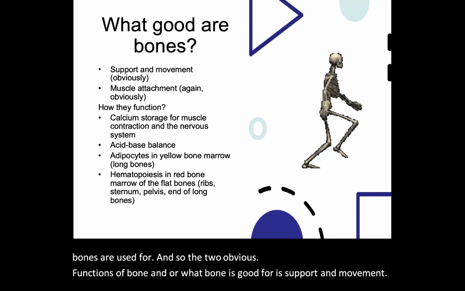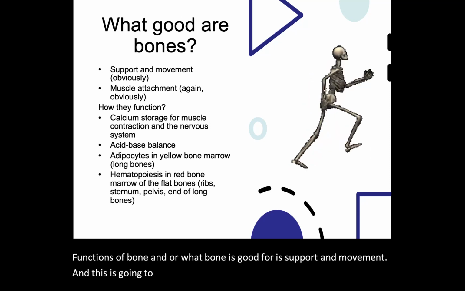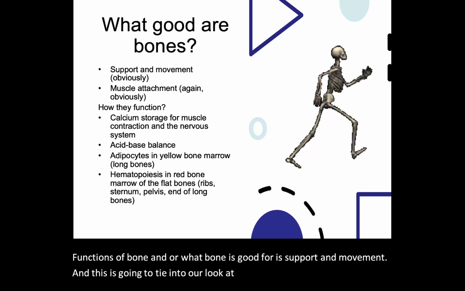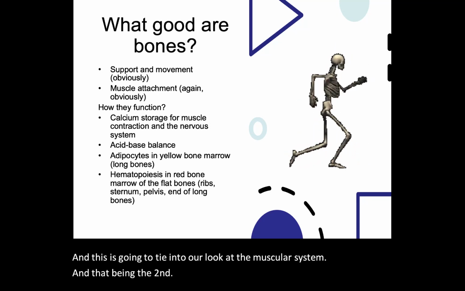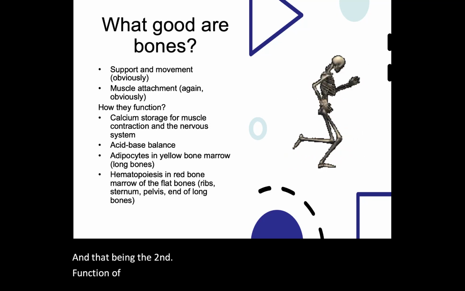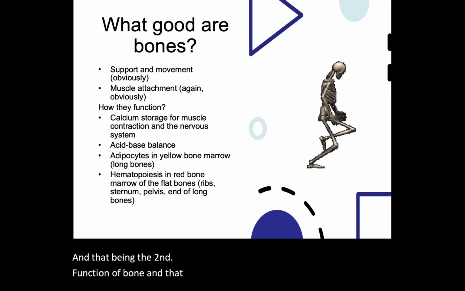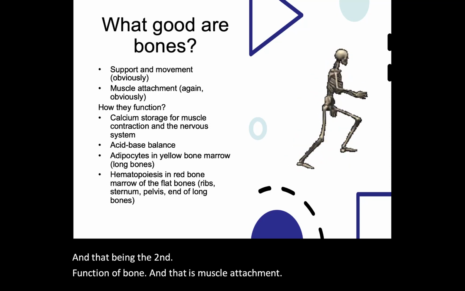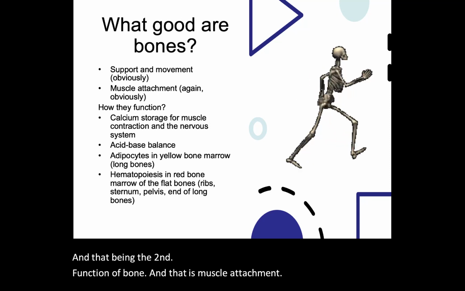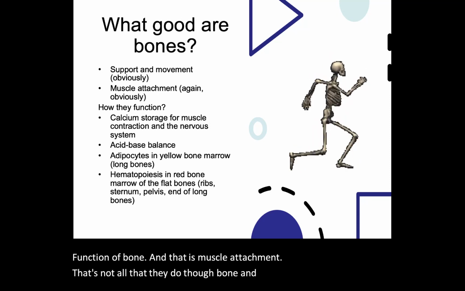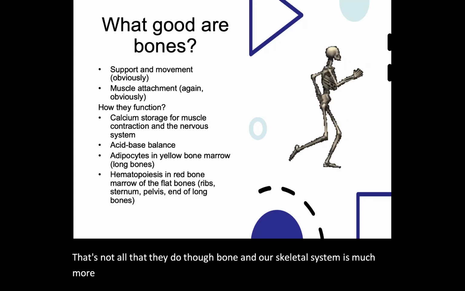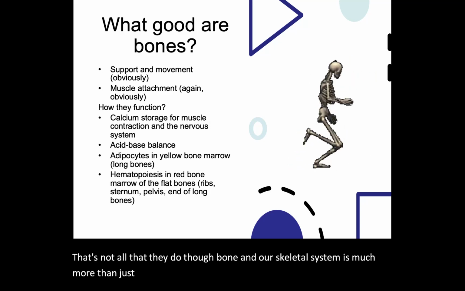And this is going to tie into our look at the muscular system, and that being the second function of bone, and that is muscle attachment. That's not all that they do, though. Bone and our skeletal system is much more than just support and movement and muscle attachment.